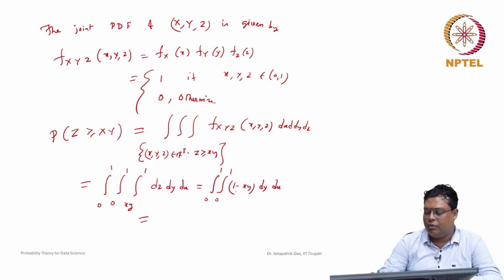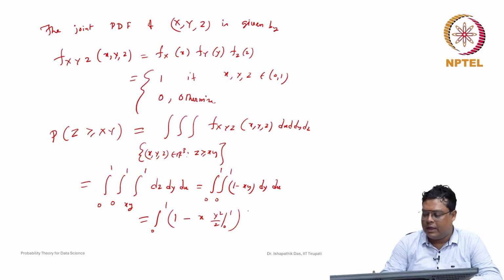First we do the integration with respect to y: y from 0 to 1, minus, with x a constant, x into y square by 2, limit 0 to 1. So then y square by 2 gives 1 by 2, so it is 0 to 1 of (1 minus x by 2) dx.